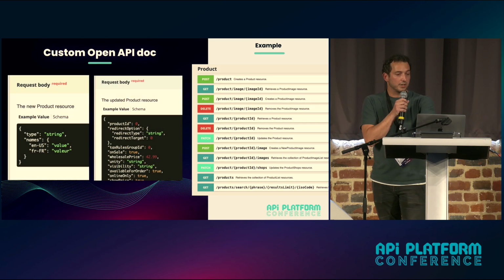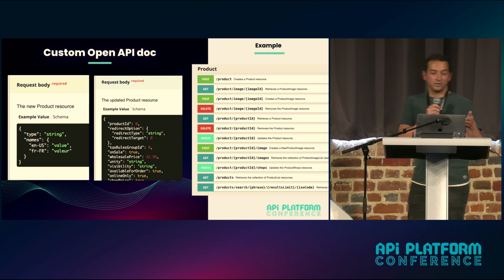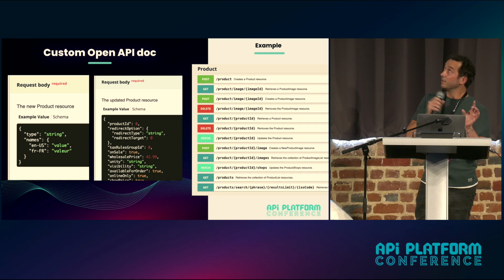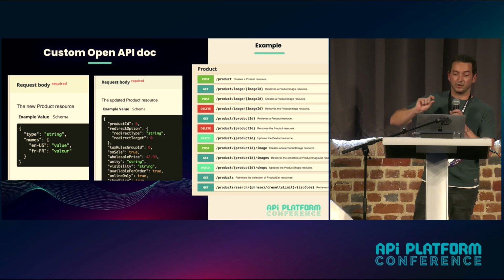And here you can see an example for the body. We can see that the localized values have good examples, with localized value by locale, and that the redirect action, which is a multiple parameter setter, is displayed as a sub-object.